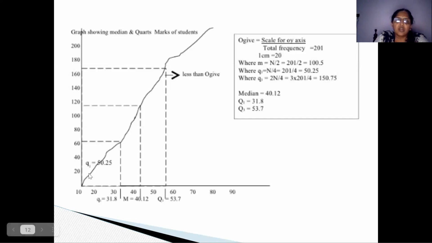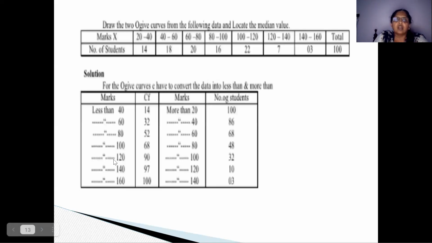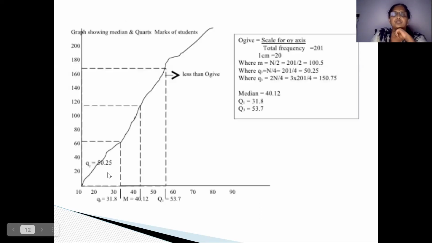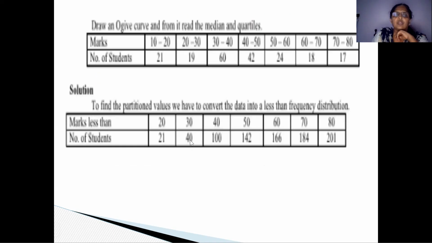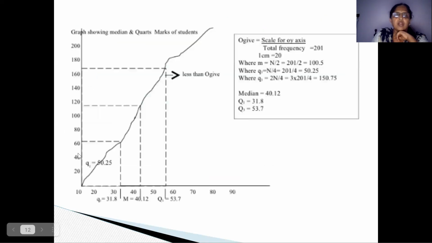The first point, 21, means almost here. 40 means here, in the second class. This is the second class, that is here 20 to 30.